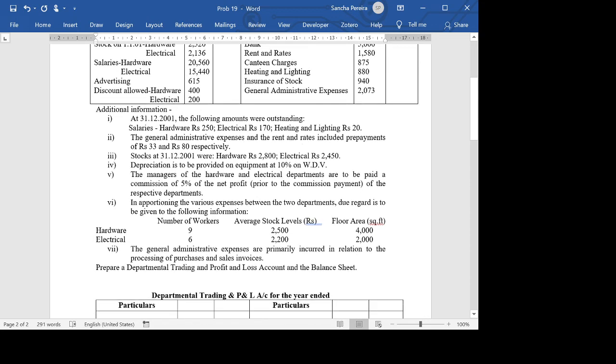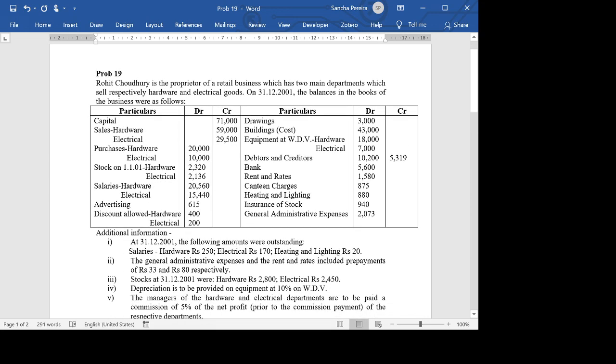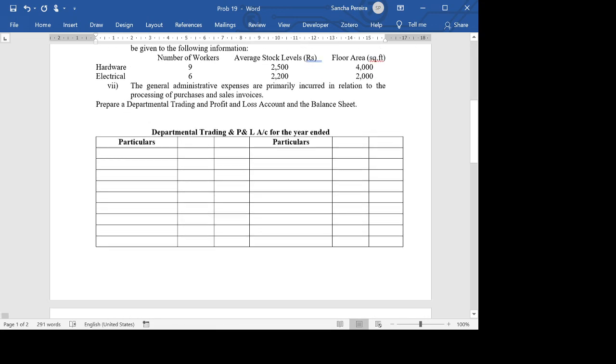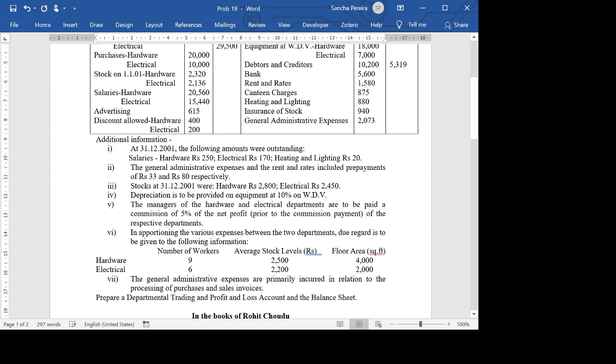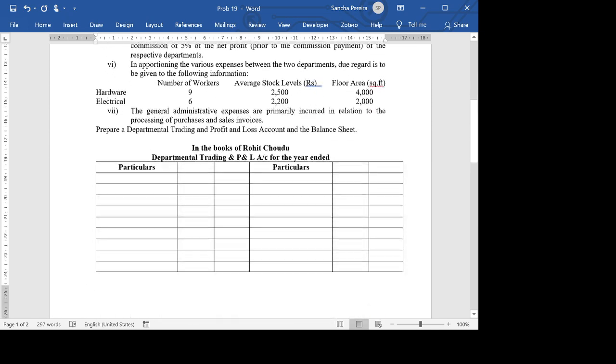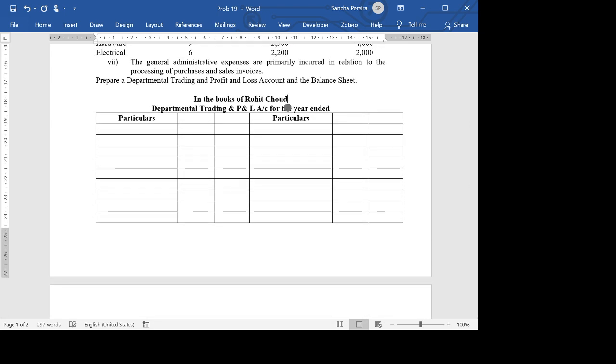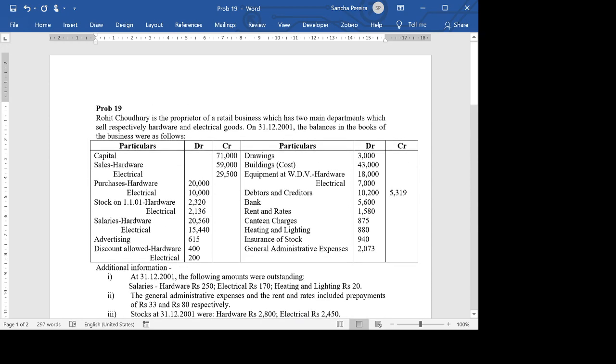So the name of the firm is, in the books of Rohit Chaudhary. Departmental trading and profit and loss account for the year ended, have they given it as a year?